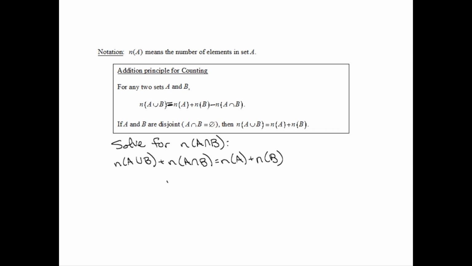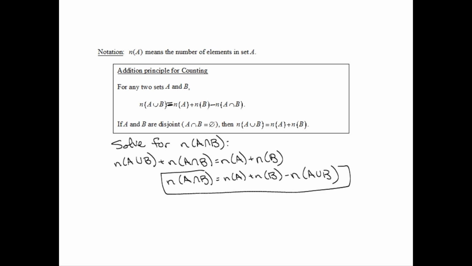We would subtract the number in the union from both sides. This is an alternative way of writing the exact same formula. It's not as intuitive. This formula is a little more intuitive because we're thinking of adding the number in A, adding the number in B, and subtracting the ones who are counted twice. But sometimes this form is helpful.